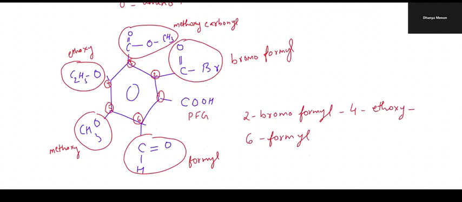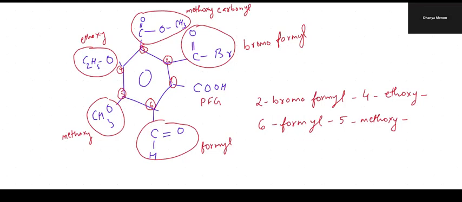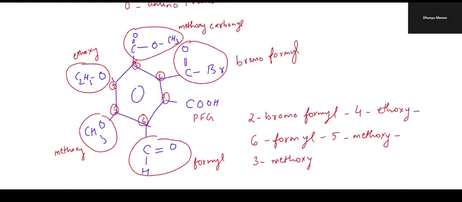Fifth position, I have methoxy. Then at the third position, I have methoxycarbonyl. And the primary functional group is the acid. So benzene ring with the acid is called benzoic acid.